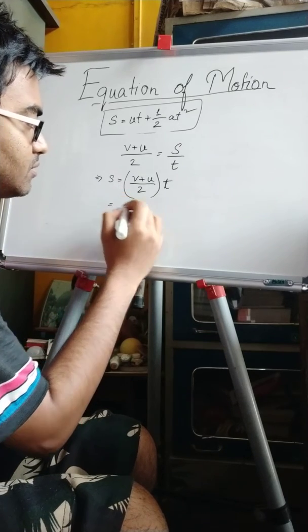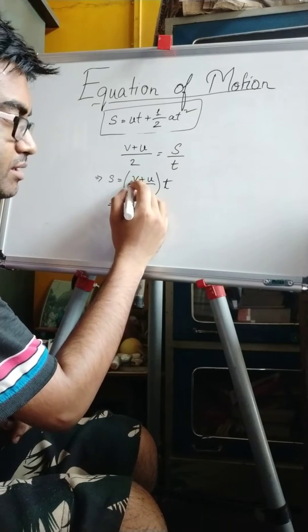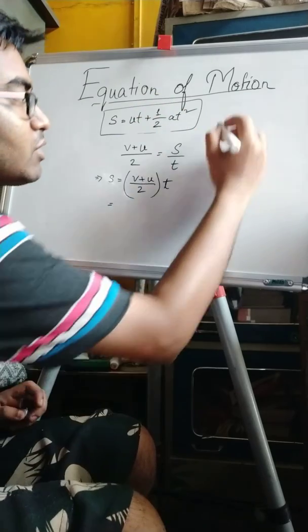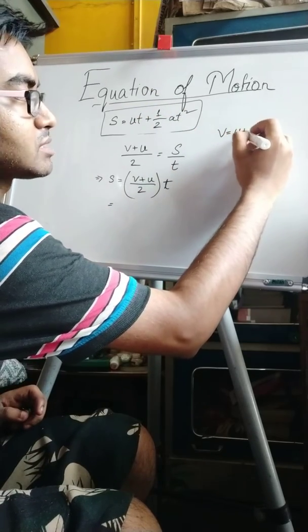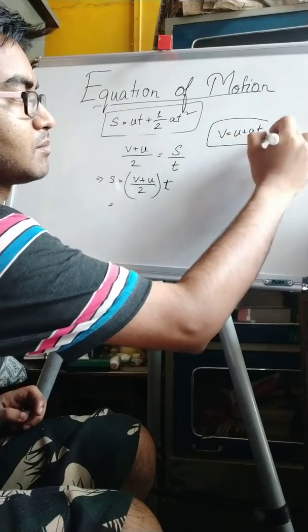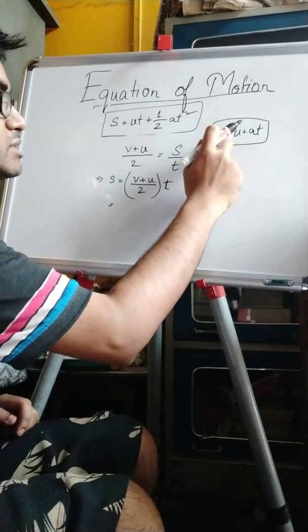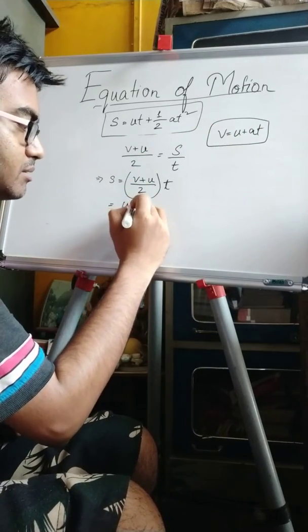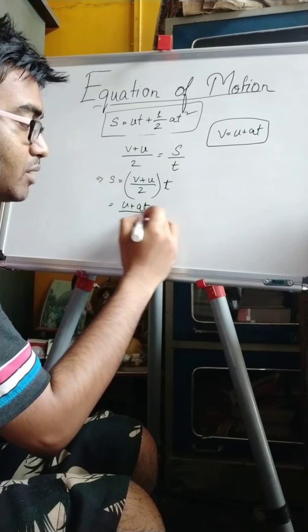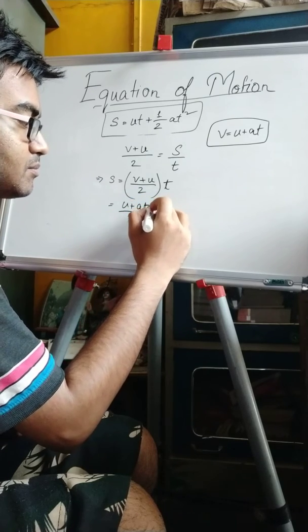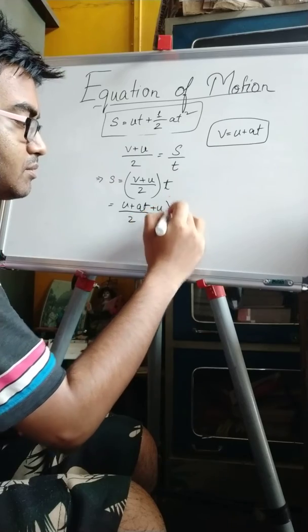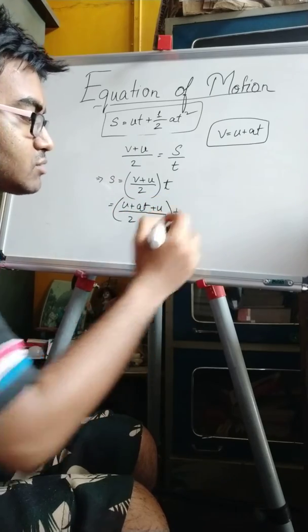Now, we know from the first formula that v is equal to u plus at, right? Now we will replace this v with u plus at. But why have we done so?